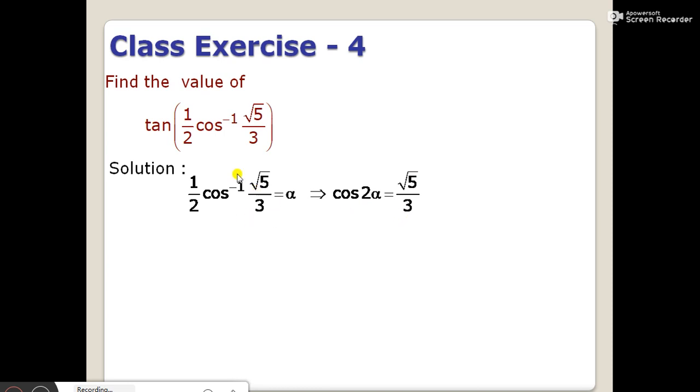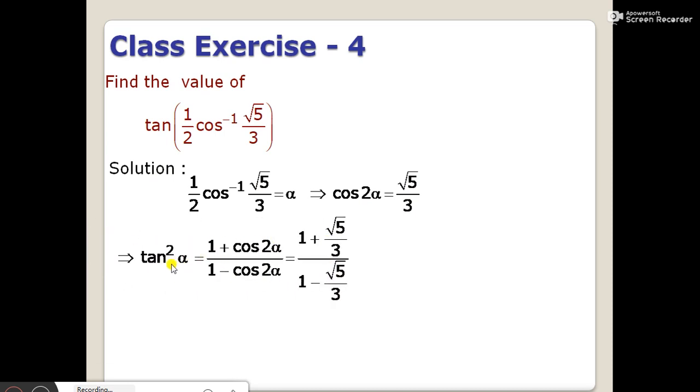And now you have to recall the value of tangent alpha in terms of cos 2 alpha. As you know, tangent square alpha is 1 plus cos 2 alpha upon 1 minus cos 2 alpha. Some questions you have done in 10th class, where we have the square root of 1 plus cos 2 alpha upon 1 minus cos 2 alpha. Either you use the property 1 plus cos 2 alpha is equal to 2 cos square alpha, and 1 minus cos 2 alpha is 2 sin square alpha, and simplify this, you will get tangent square alpha.